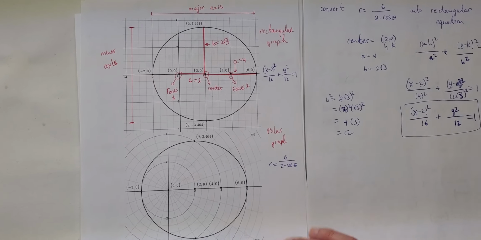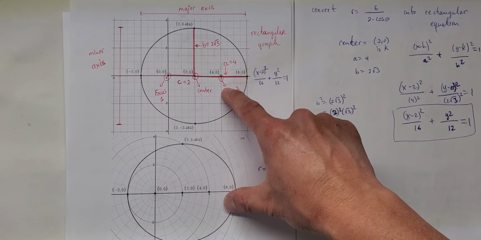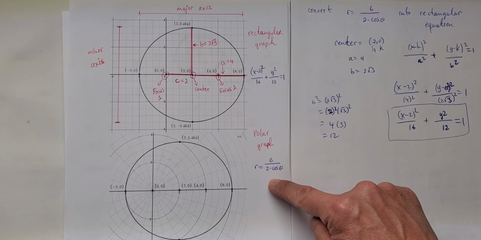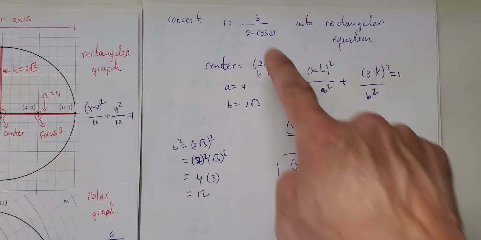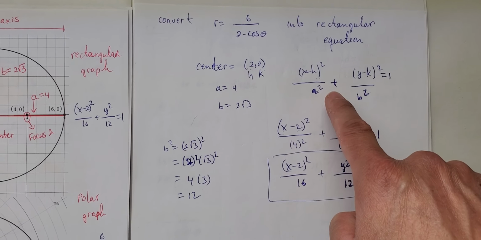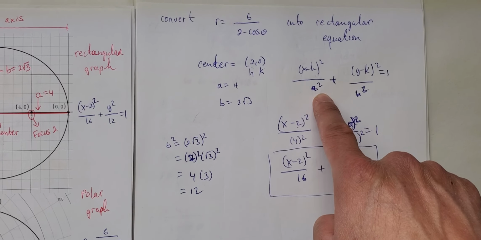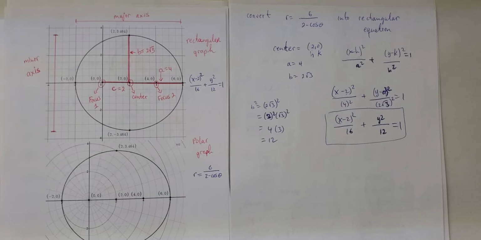So that's how you convert polar to rectangular. But be very careful, remember that this equation is for an ellipse. So this is part 2.